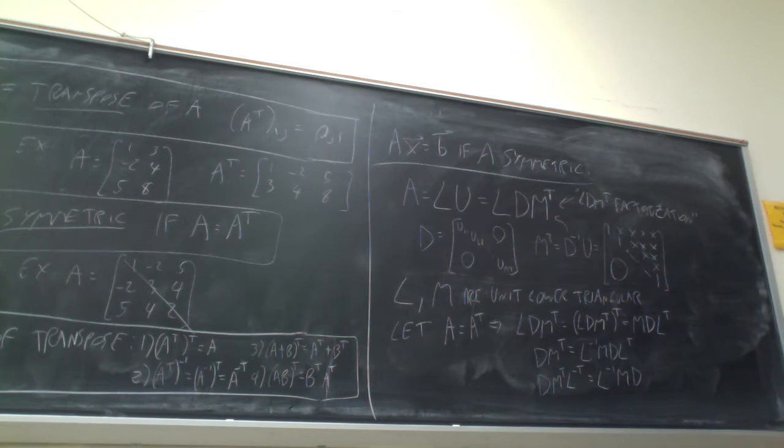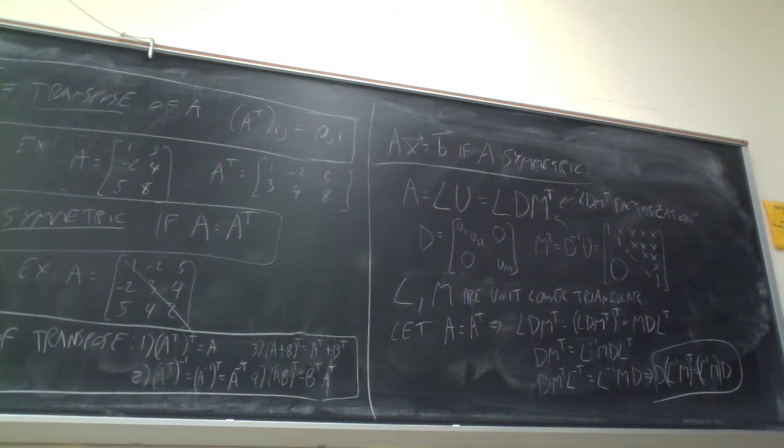Using the properties of a transpose, the transpose of a product is the product of transposes in reverse order. So I have D times L inverse M, whole thing transpose, equal to L inverse M D. Notice we have the same matrix in parentheses, it's just that one is transposed and the other is not.